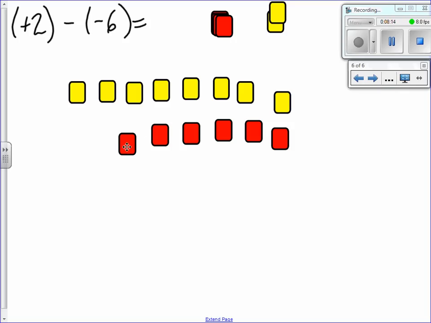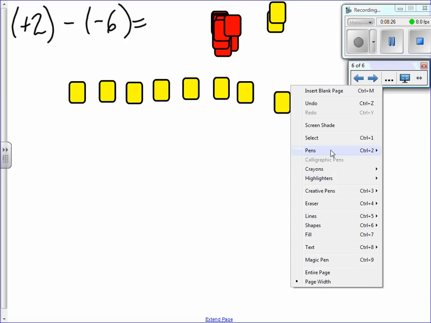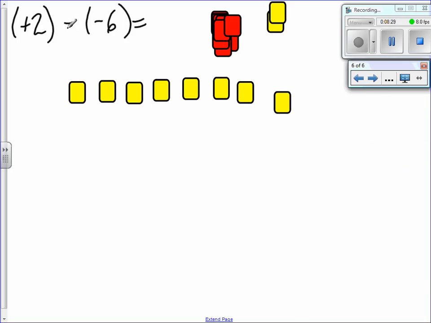Now that I've got them all up here, there's 1, 2, 3, 4, 5, and 6. That leaves me with nothing but positives. How many do I have? 1, 2, 3, 4, 5, 6, 7, 8. That means that plus 2 minus negative 6 is 8. And it's plus 8.